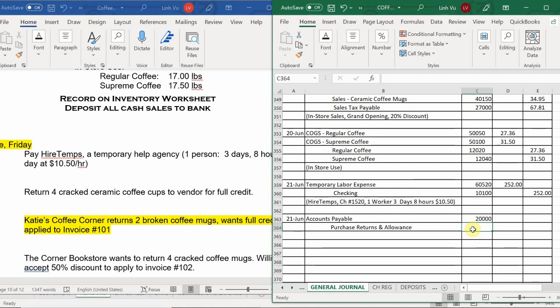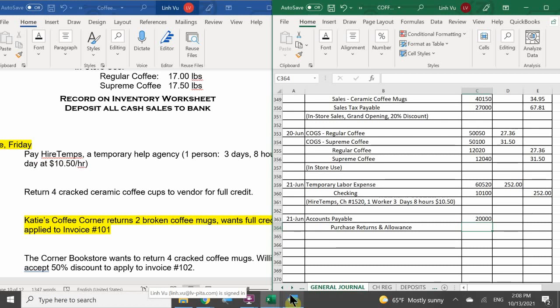So where do we need to go to be able to find out how much each cup costs? To the, how do we call that, to the inventory. We need to go to the inventory worksheet.